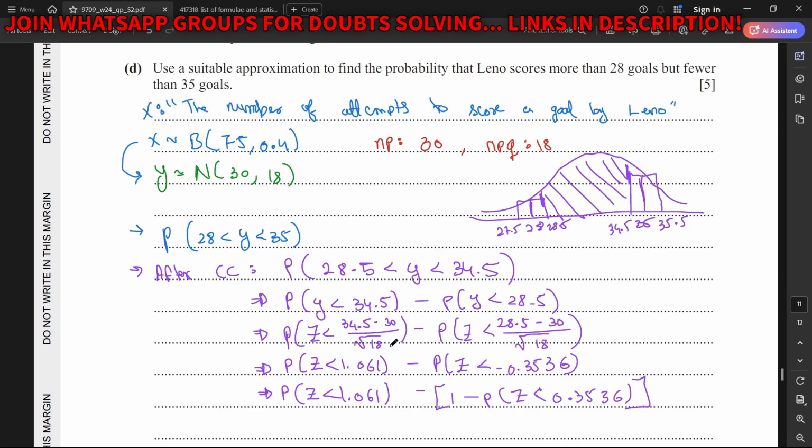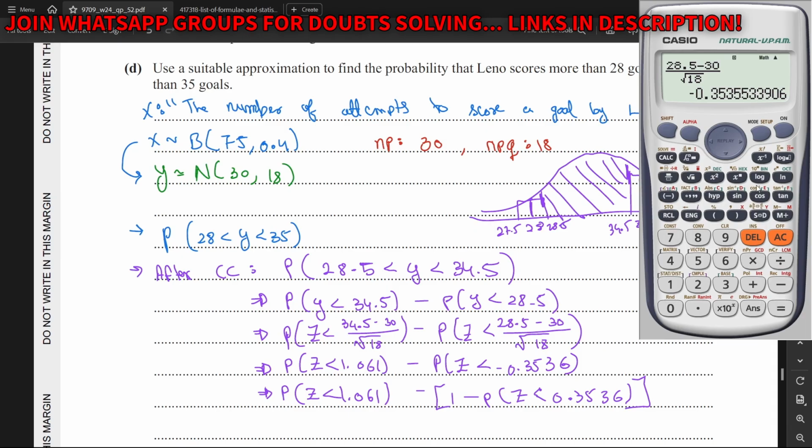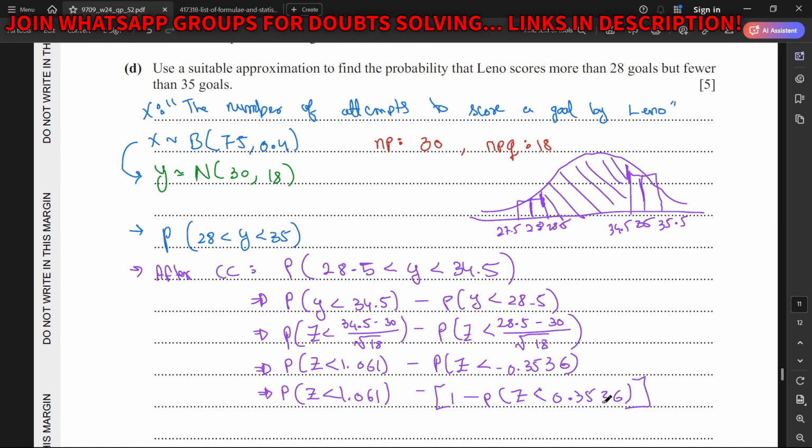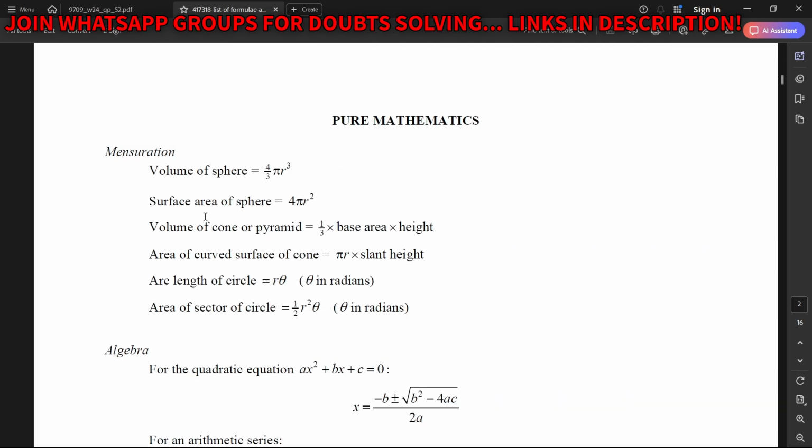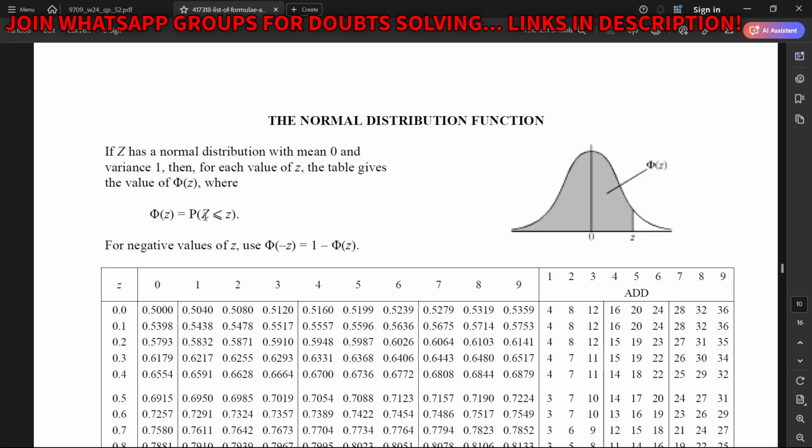Okay, I'll just do one thing. I'll open my calci and recalculate this, or else I guess I'm fine. I need to say that this is 0.354. The reason I'm doing this is because if you look into the table, I'll need to scroll down. In the table, you are having 0.1, 2, and 3 decimal places only.